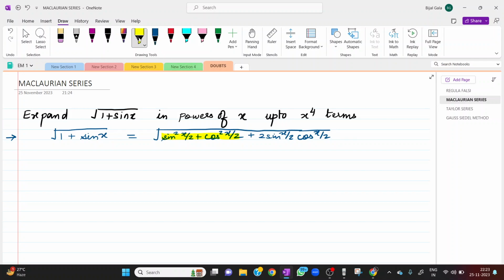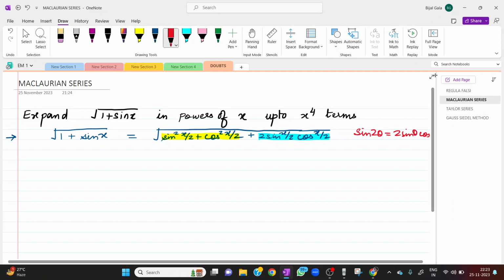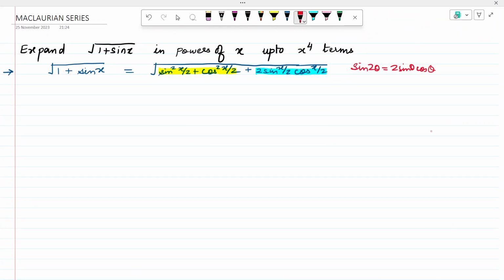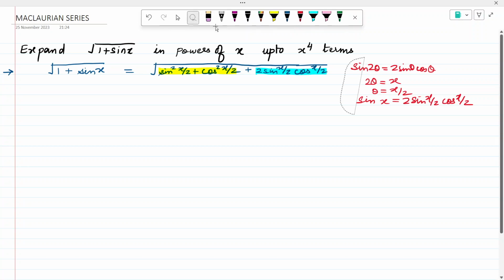Now here the formula used in the second term is sine 2 theta. I've used sine 2 theta is 2 sine theta cos theta. So when 2 theta is replaced by x, theta becomes x by 2. So left hand side becomes x and right hand side becomes x by 2. That's the substitution done. I hope things are clear.